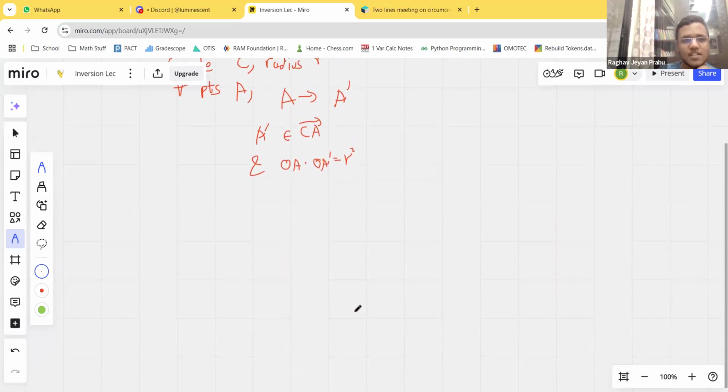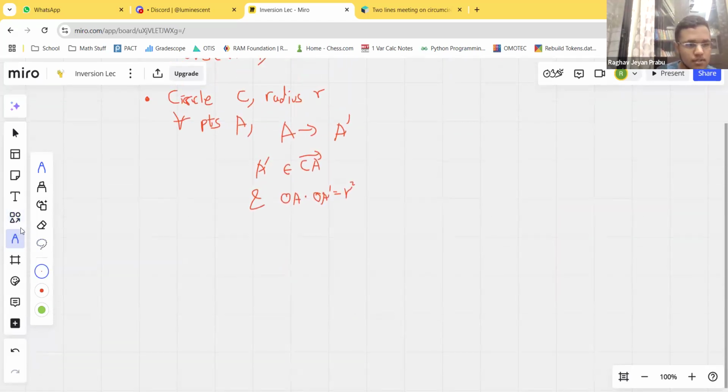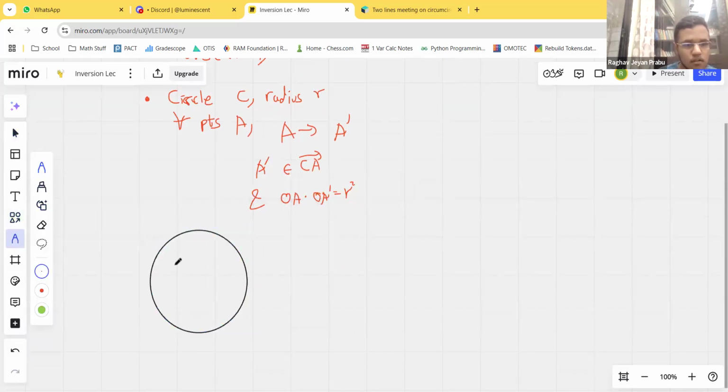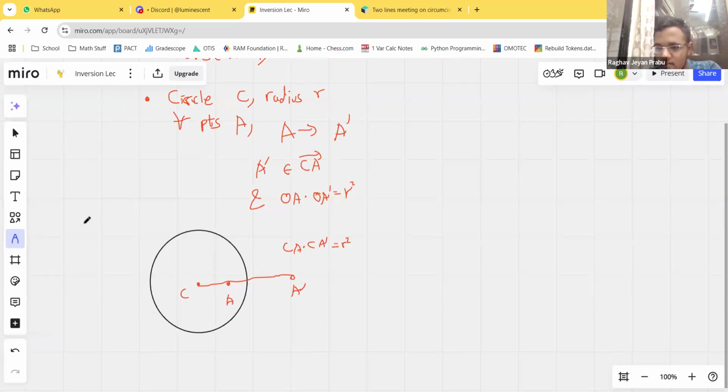I'll explain what this actually does. Say we have a circle with center C, and we take a point A on this. A will map to a point A dash here such that CA times CA dash equals R square. Okay, is everybody clear with the definition?